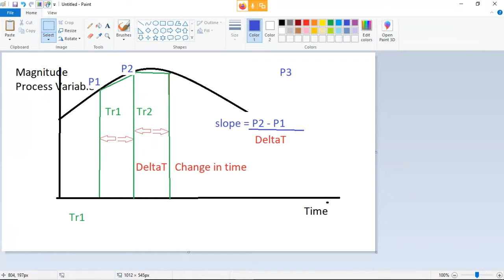You're just dividing by that time. That gives you your derivative, and then we're going to multiply it times our proportionality piece, our tuning gain.